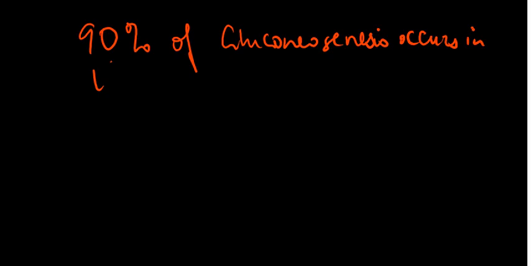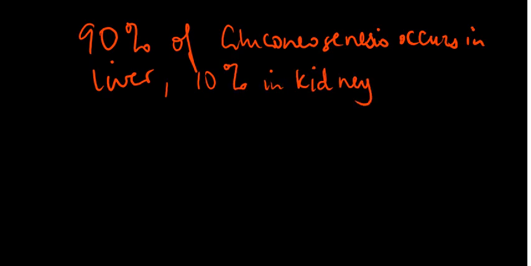Okay, so what you're going to notice is 90% of gluconeogenesis will happen in the liver, with 10% being in the kidneys, of the newly synthesized glucose molecules.